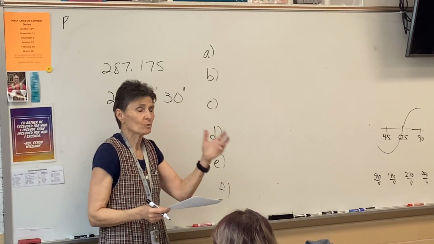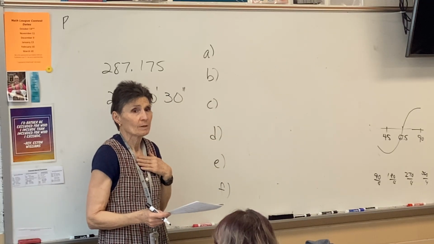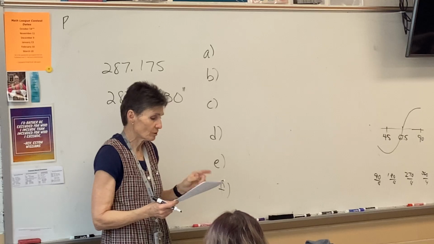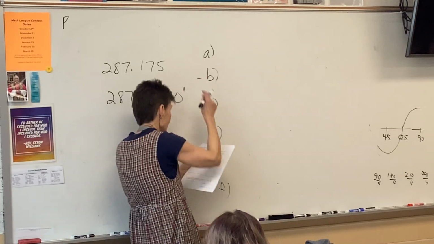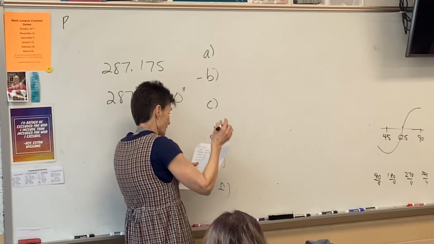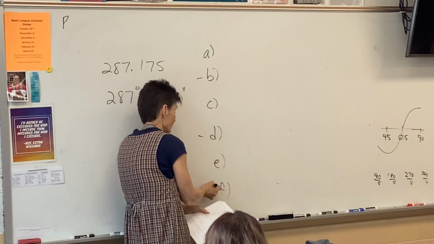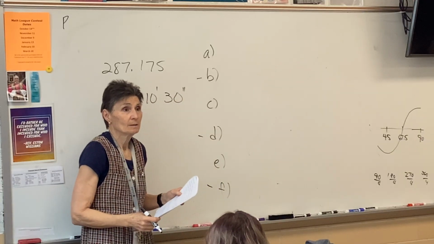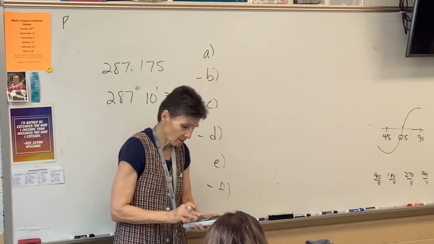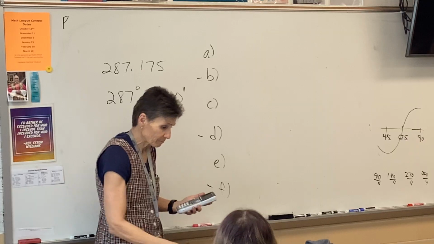So do you want to do the degrees or the radians first? Degrees. All right, so which ones are the degree problems? B, D, and F. There's 3 degree problems, yes. All right, so make sure my calculator's set in degrees.